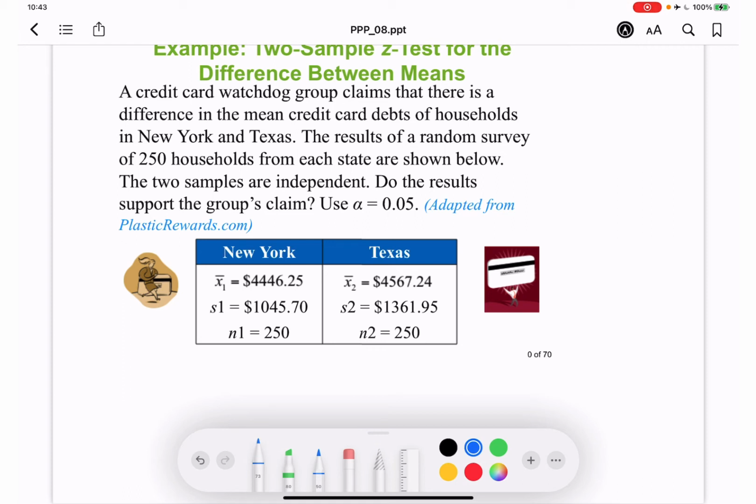The result of a random survey of 250 households, which right away should click in your mind as the sample size, and one from each state, meaning Texas also had a 250 sample size. Do these results support the group's claim? Here is the data, x bar, s, and alpha is 0.05.